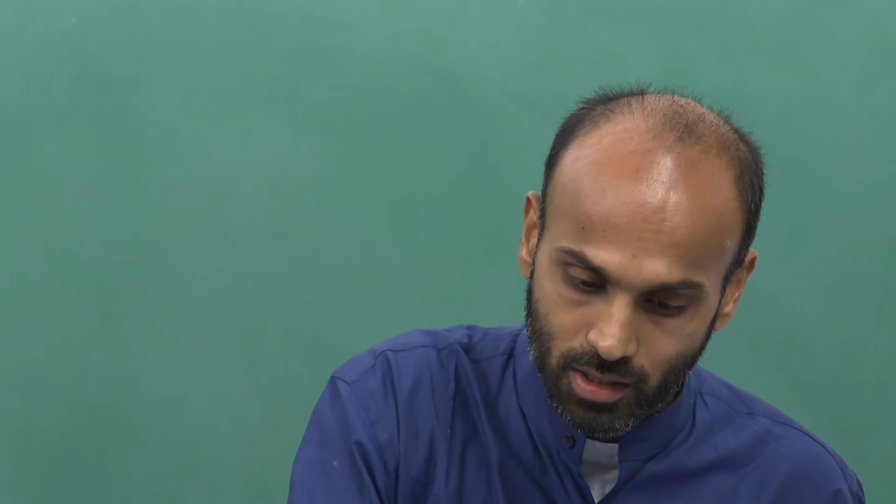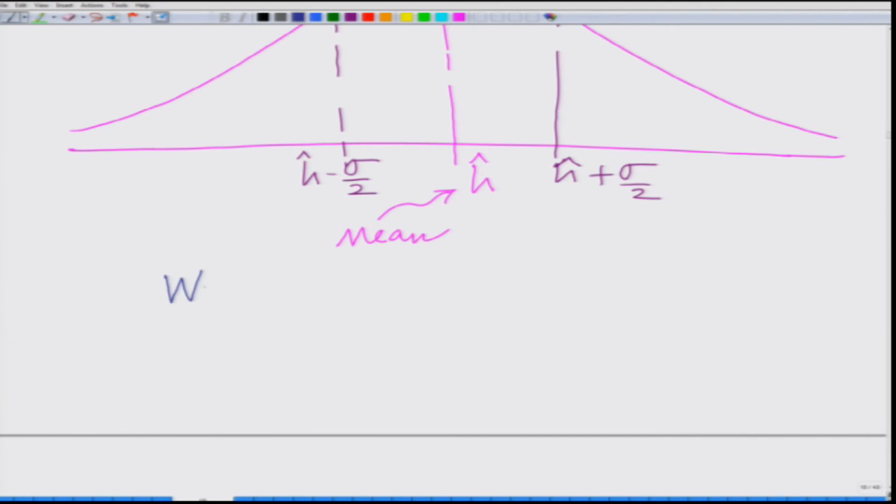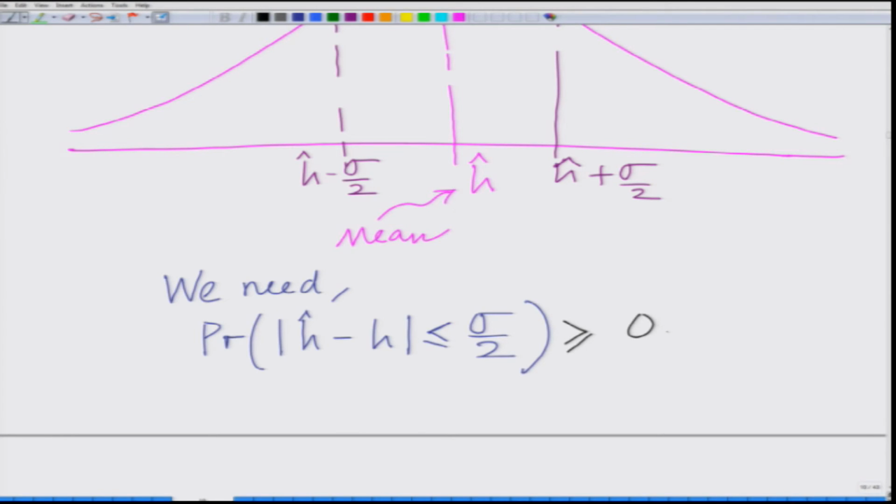So for our given degree of reliability, we need the probability that magnitude h hat minus h is less than or equal to sigma by 2 to be greater than 0.9999. Okay, this is what we need. Okay, fine.